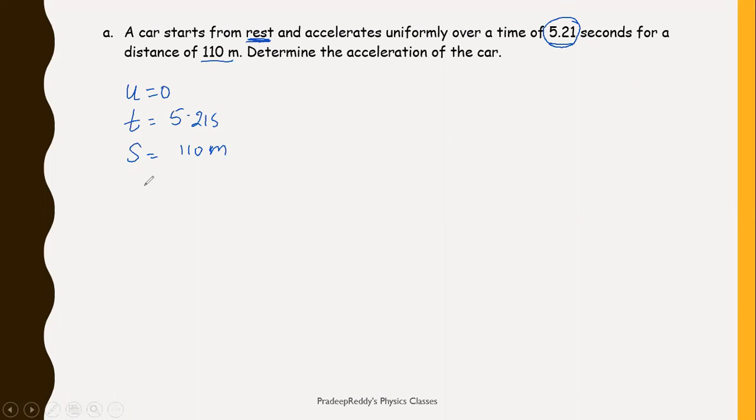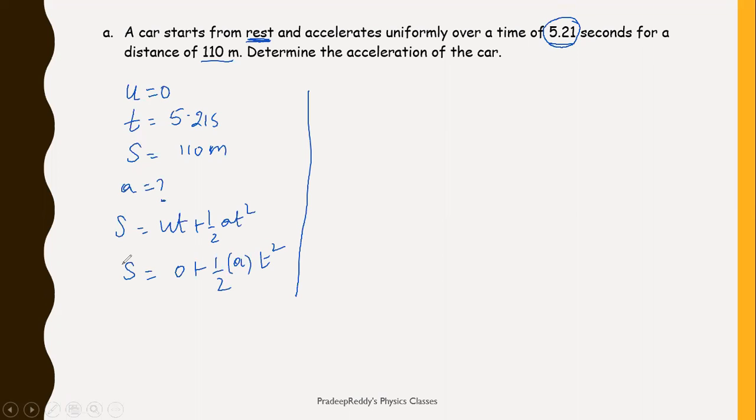So in order to find out the acceleration of the car, using s, t, u, we have one equation where s is equal to ut plus half at square. Now substitute all those values. u is however 0 plus half, acceleration you should find out, and t square is as it is. What is the distance traveled? 110 meter is equal to half, acceleration you should find out, t square, it is 5.21 into 5.21.